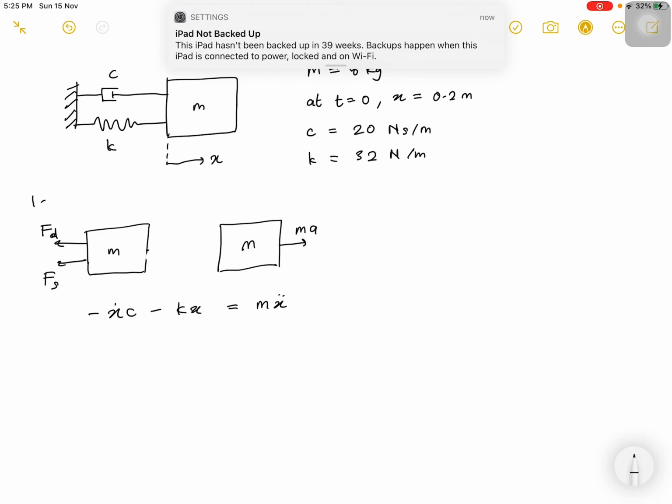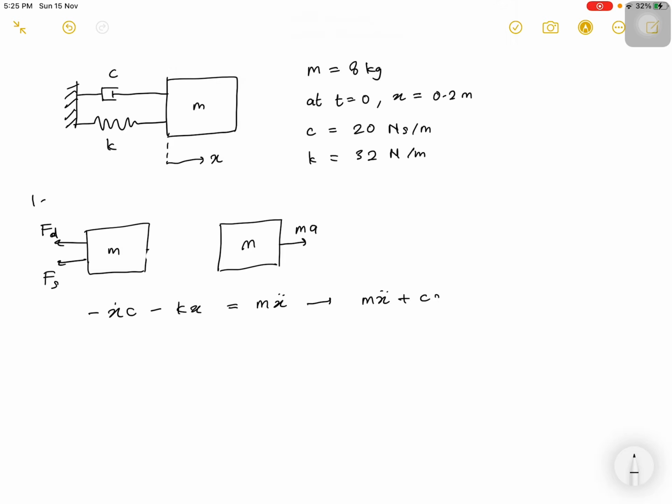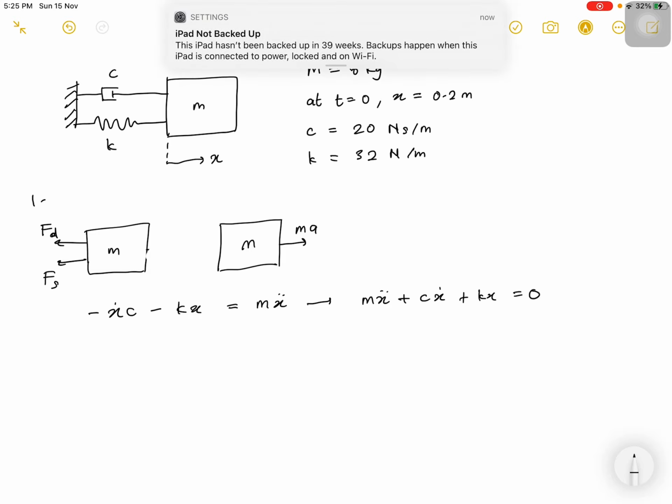Okay, so when we rearrange, we will have mx double dot plus cx dot plus kx equal to 0. So we have a homogeneous differential equation because this is free vibration. Alright.